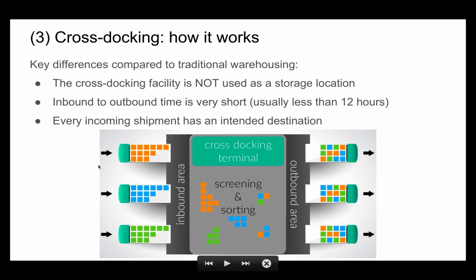Once the goods come into the cross-dock, they're quickly screened, sorted and packed onto the correct outbound truck for the intended destination. Because of this, the inbound to outbound time, the time that the goods spend in the cross-dock, is usually very short, usually a few hours and usually not more than 12 hours.